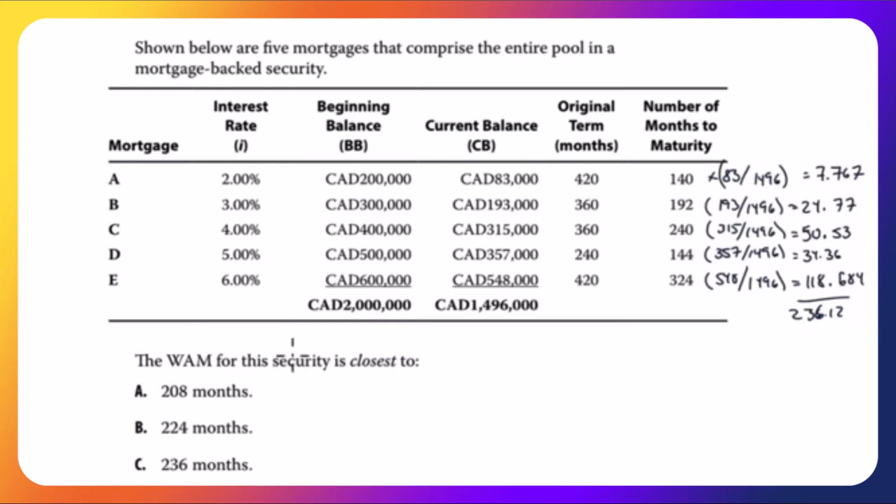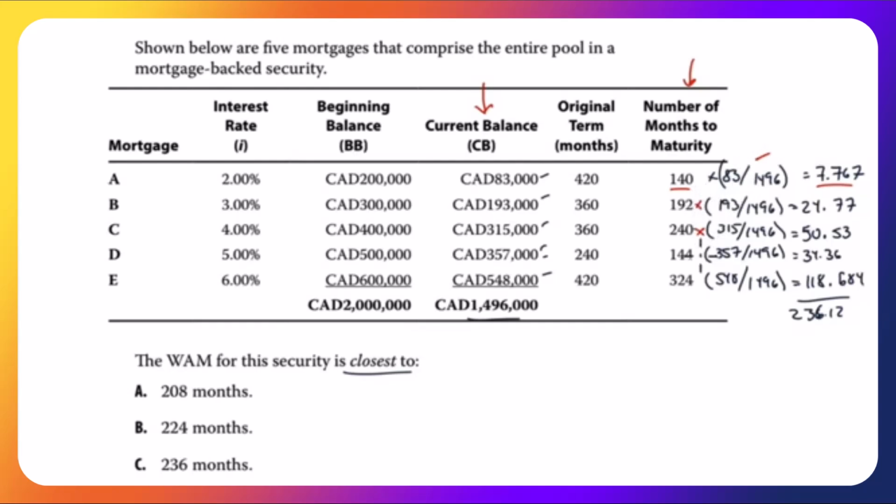Okay, the weighted average maturity for this security is closest to. We have 5 mortgages. We have our current balances here, and we have the amount outstanding. We have the original term and the months to maturity. So we need this column and this column. And the first weighting is 83 over 1496 multiplied by 140, to give you 7.767, and you'll just weight each one.